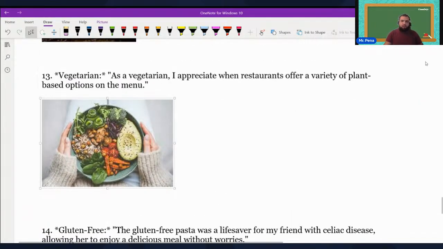As a vegetarian, I appreciate when restaurants offer a variety of plant-based options on the menu. Here's a simple sentence. I am a vegetarian. Vegetarians only eat vegetables. Vegetarian. Here's the sentence again. I am a vegetarian.